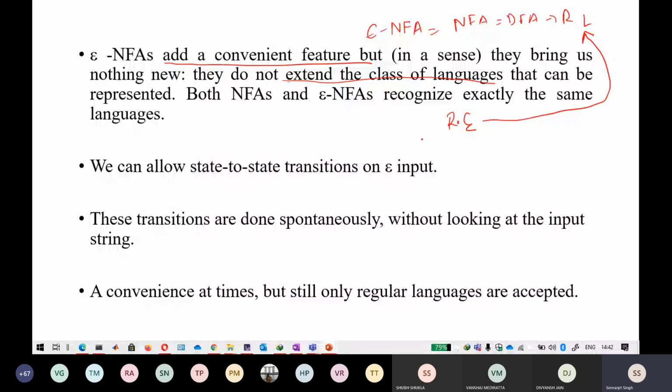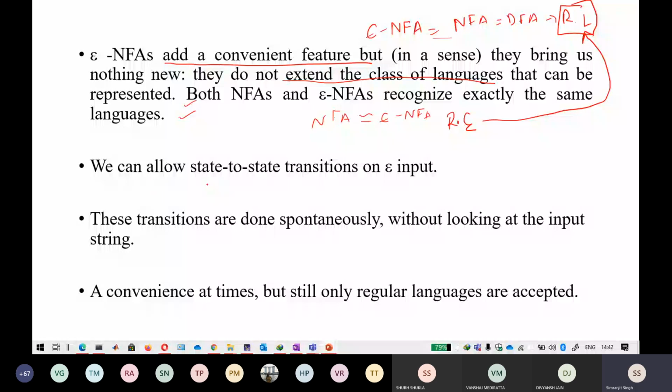I just want to tell you that the particular class of languages that are accepted by NFA, epsilon NFA, and DFA is called a regular language. If you do not understand it, don't worry. We will do regular language in detail. Both NFA and epsilon NFA recognize exactly the same languages. This is again saying that the expressive power of NFA is equal to epsilon NFA.